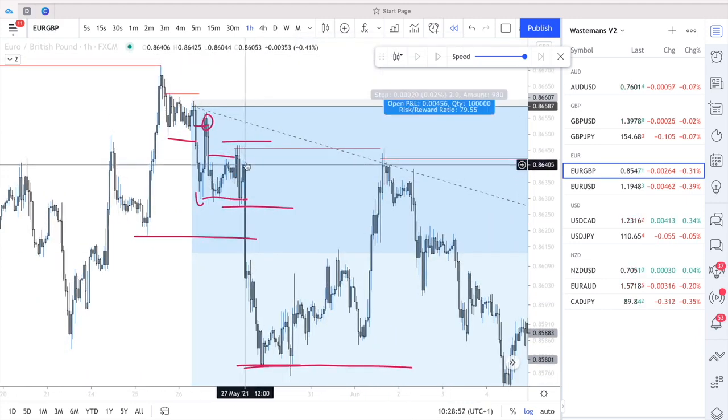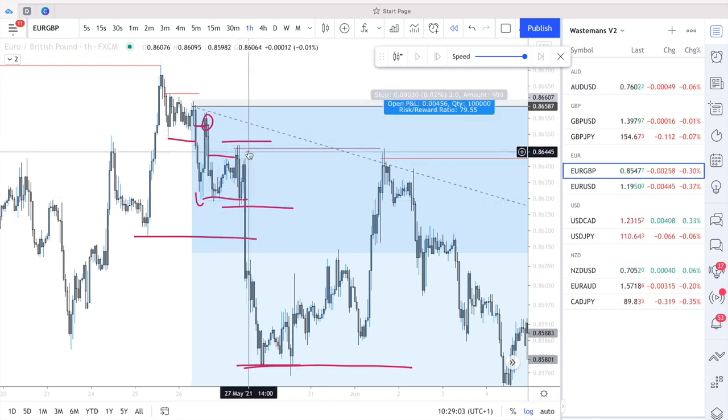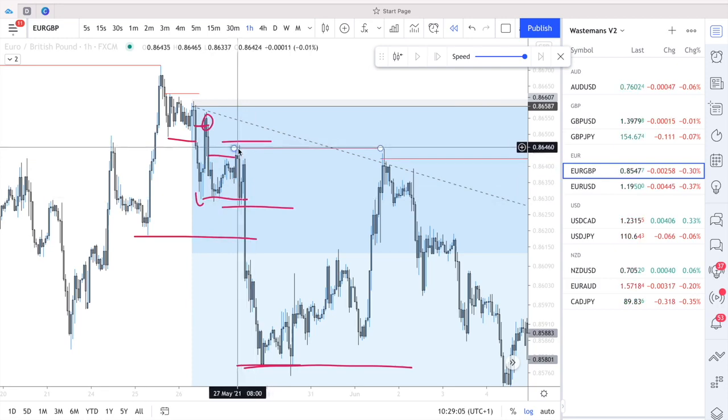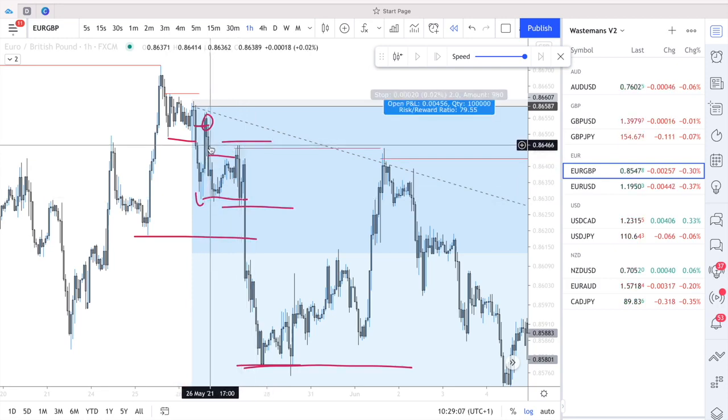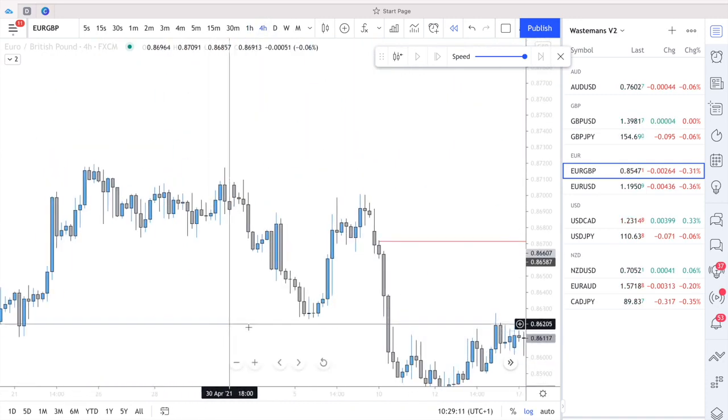Our point of validation and mitigation in this case would be the last mitigation point, which we can assume is this wick that mitigates something here. If you go to the 4 hour, it's a bit more clean to follow.